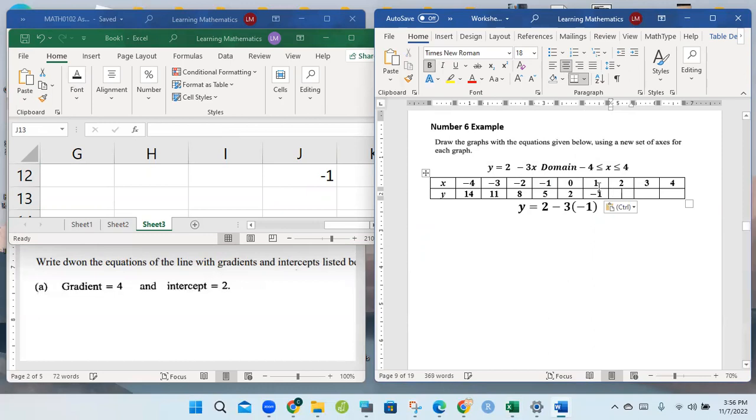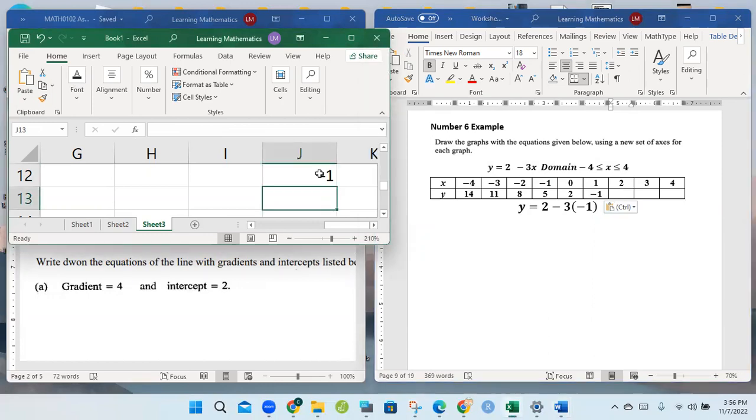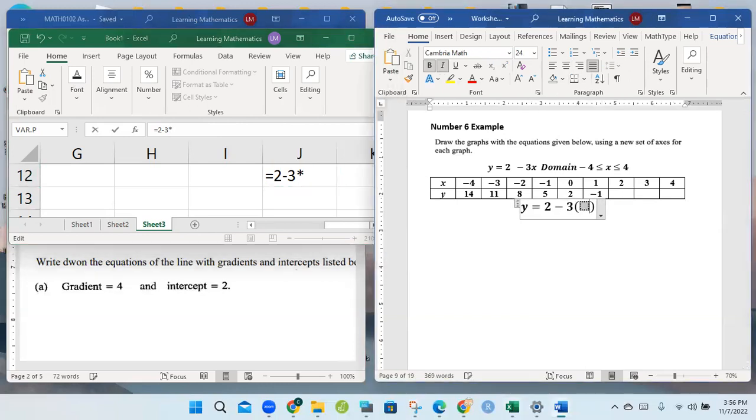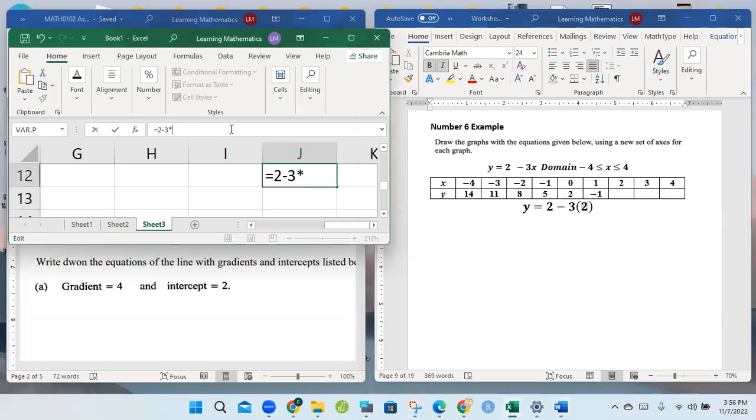Right. So now we increase x by 1, so we're going to decrease y by 3. So -1 decreased by 3 will give us -4. Let's just prove it when we substitute 2. We substitute 2 now. We get -4.